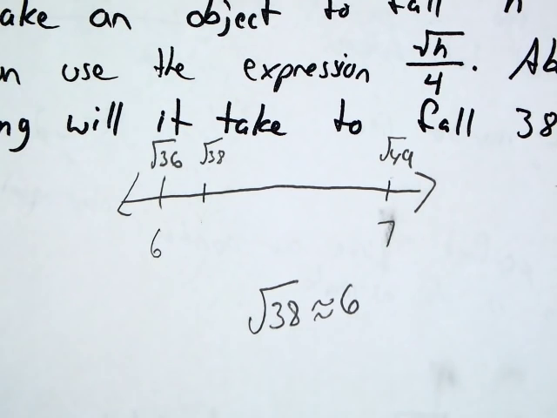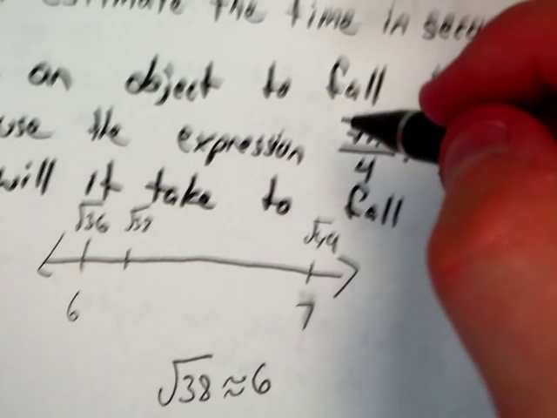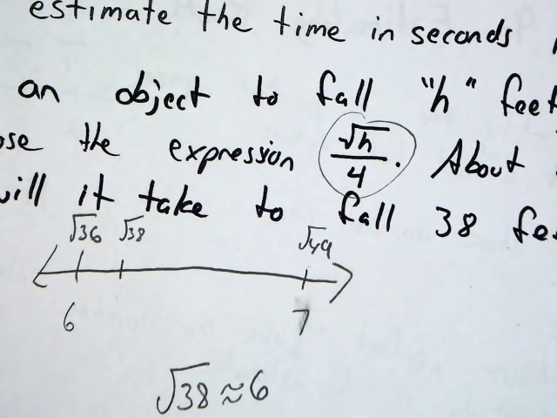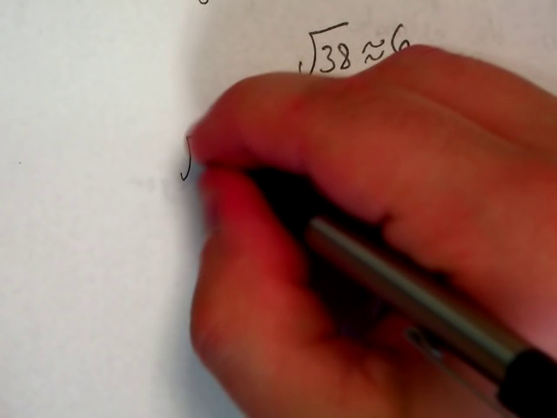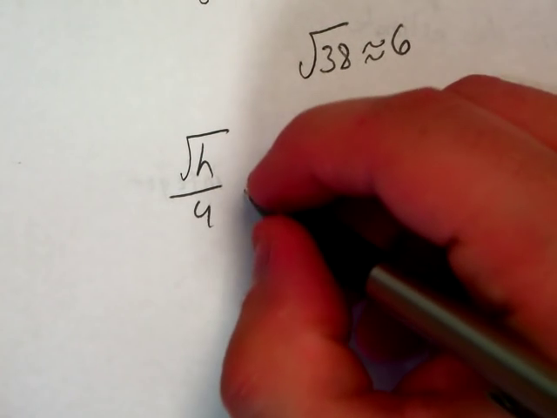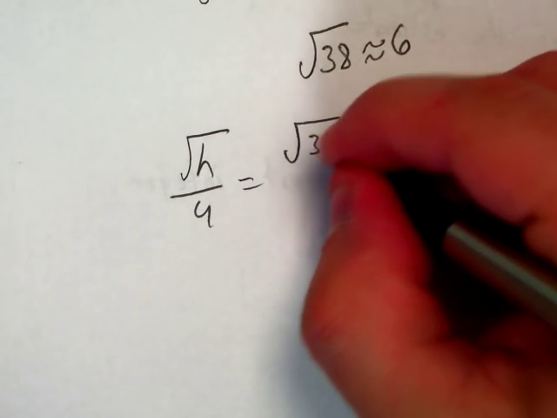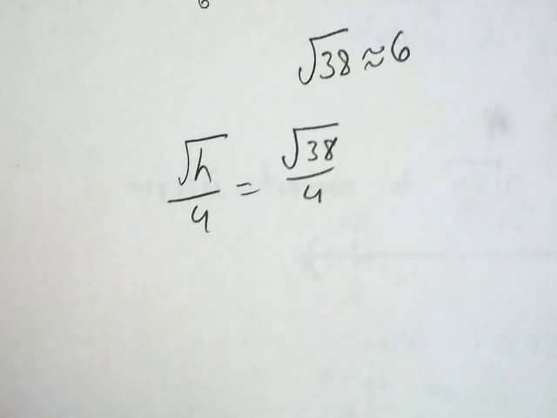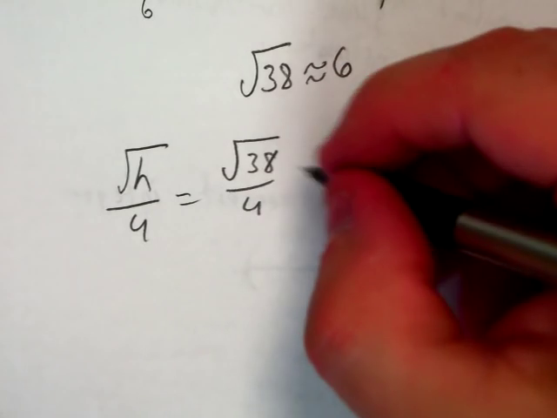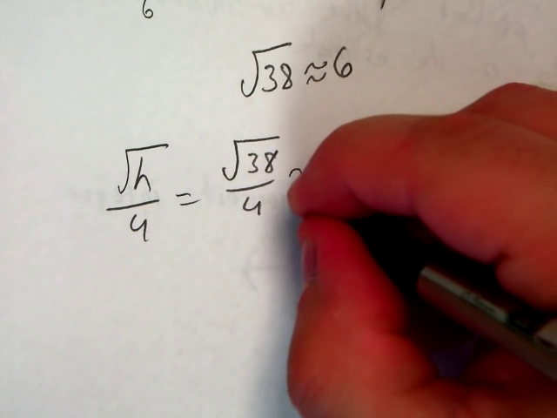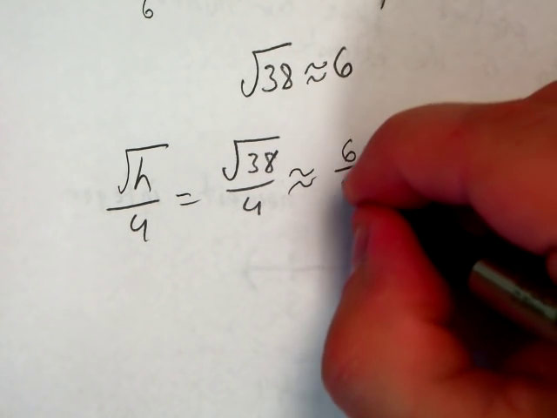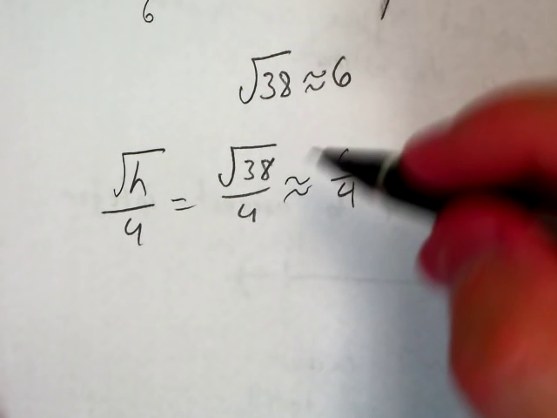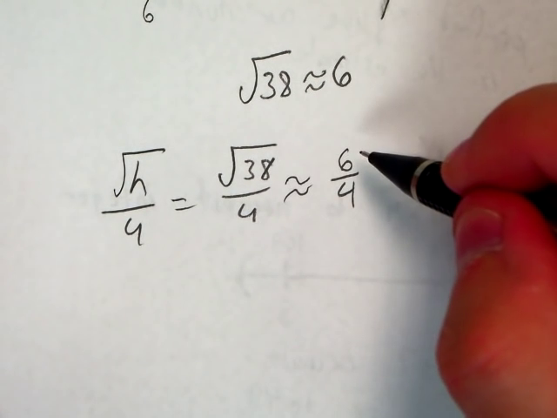Now we're going to use that number to help us solve this expression. So the square root of h over 4, that's the square root of 38 over 4, because we're looking for 38 feet. This is going to be about 6 over 4, because the square root of 38 is about 6.